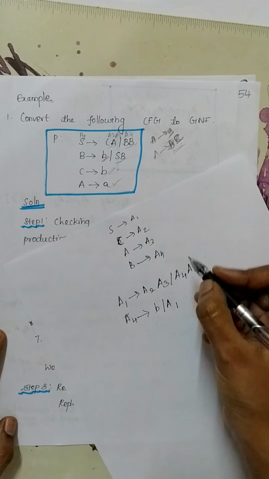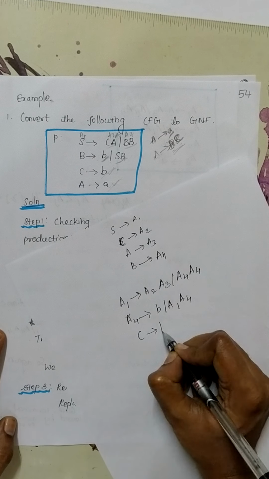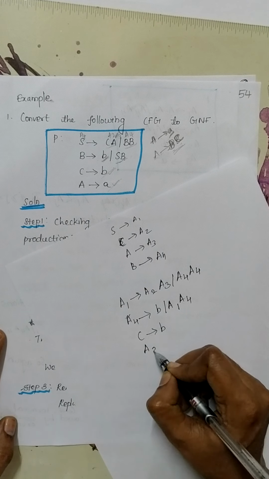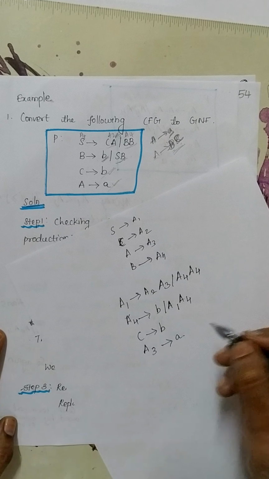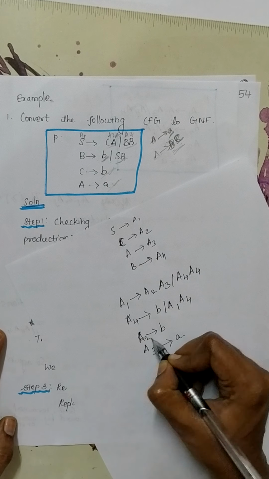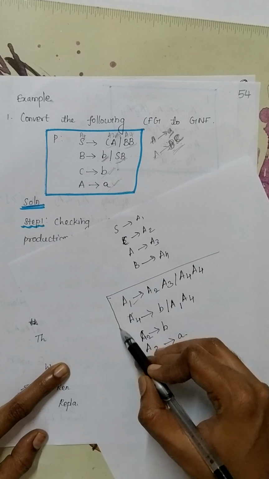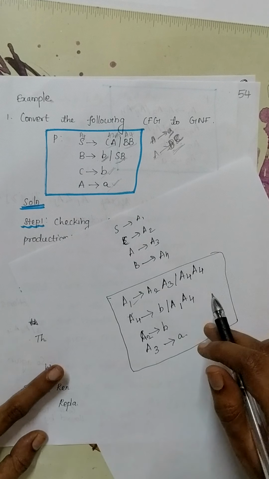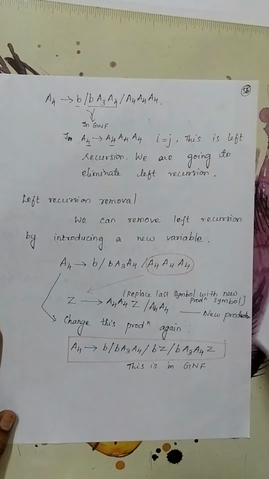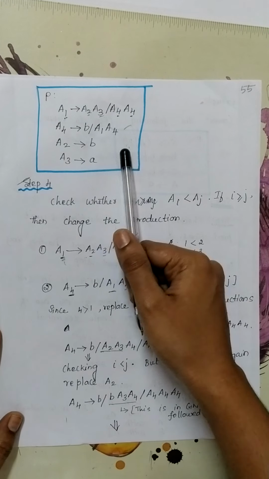S is A1, and B is A4 again, so A1 A4. Then C gives b, and A gives a, so A3 gives a. C is A2, so A2 gives b. In this way, after renaming our variables, our grammar will be like this.